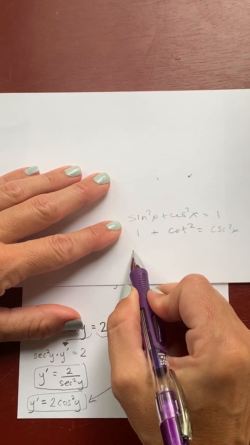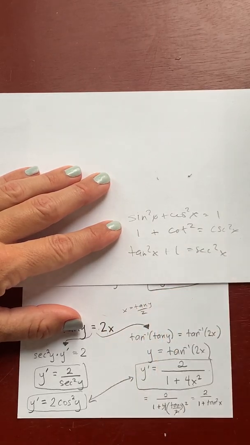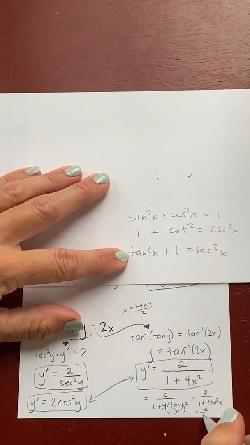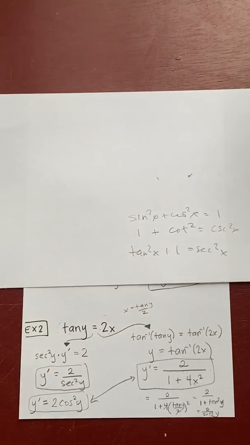And then we've got tan squared plus 1 equals secant squared. We'll go through them again when it becomes more relevant, but there we go. 2 over 1 plus tan squared, that is secant squared. Oops, this is a y. Samesies. Amazing. Isn't math so cool?